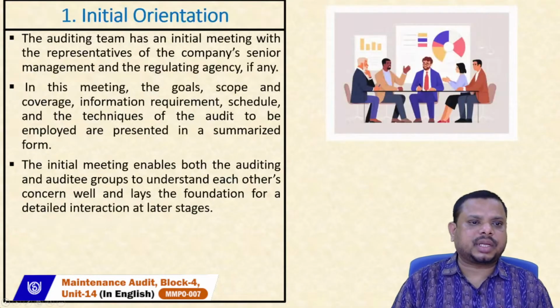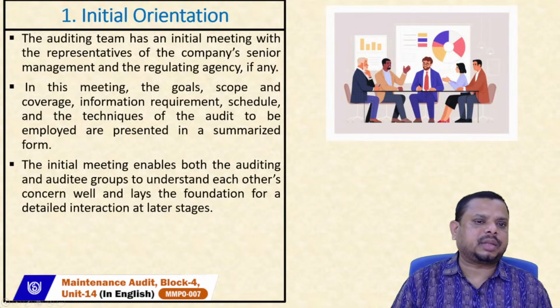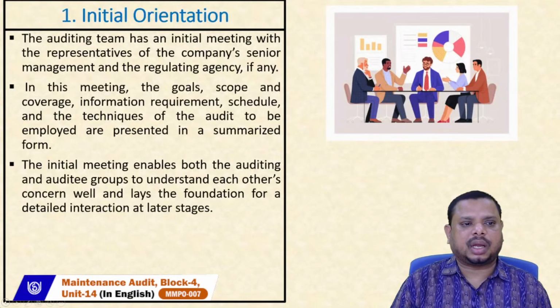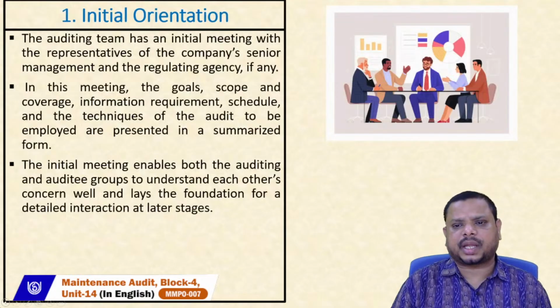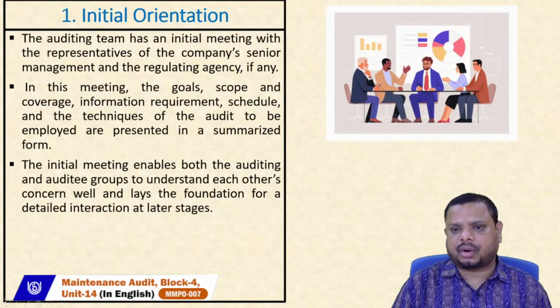In initial orientation, the first important part is that the audit team has an initial meeting with the representatives of the company. In most cases, the senior management are the representatives of the company and the regulating agencies. So this is a formal meeting held with the top level of management. In these meetings, the goal, scope, coverage, information requirements, schedules, and techniques of the audit to be employed are presented in summary form.